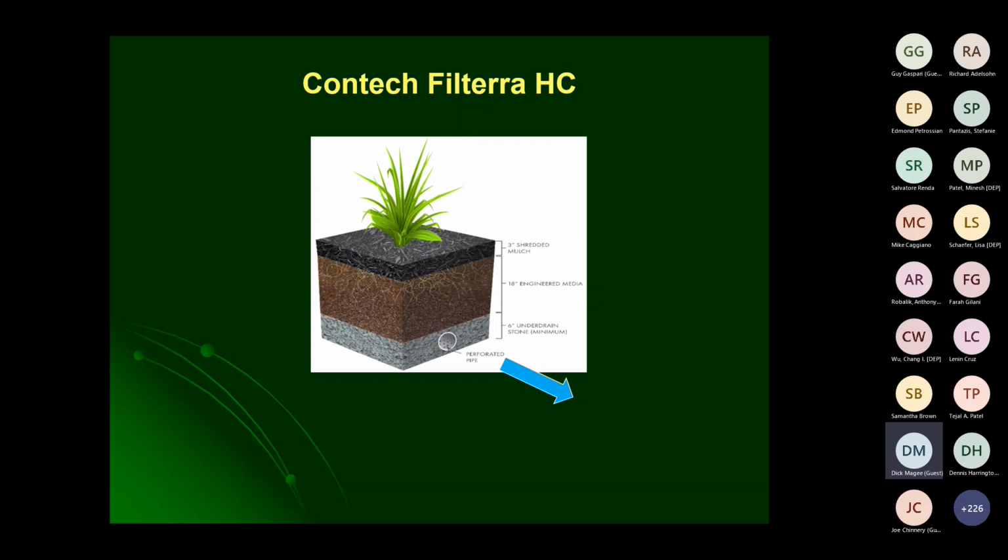In other words, nothing can go out the perforated pipe. So even if you could do 10% infiltration and 90% through the perforated pipe, say to a stream or a treatment or something like that, it would not qualify as a GI, green infrastructure, by the ruling in the department. And I'm sure you'll learn more about that in Module 4. All right, next slide.